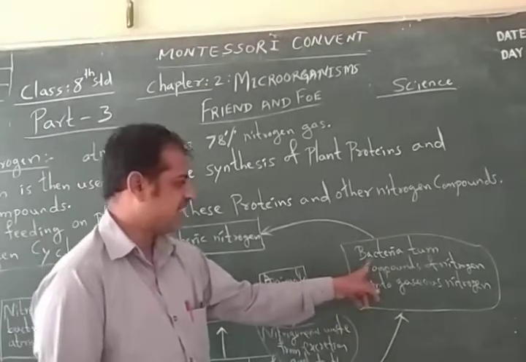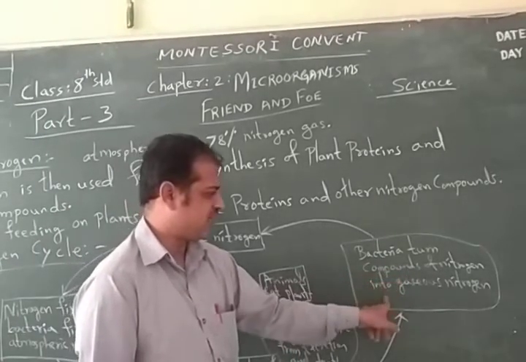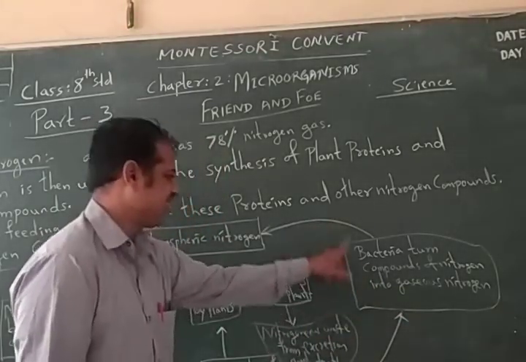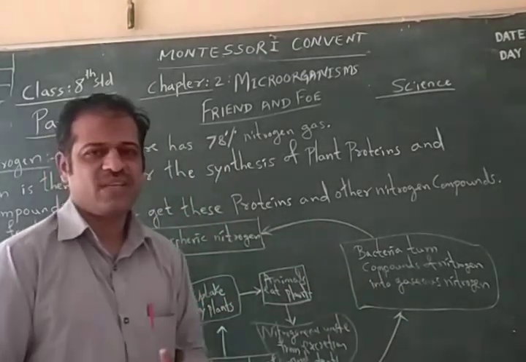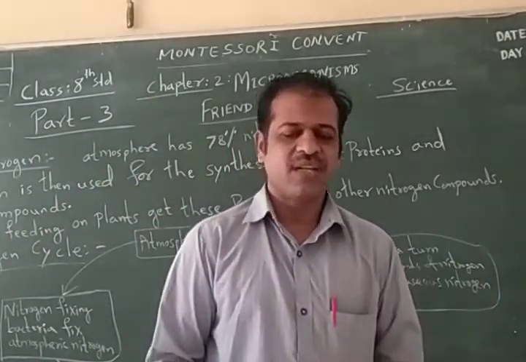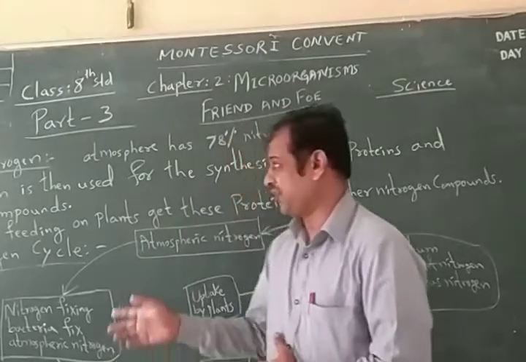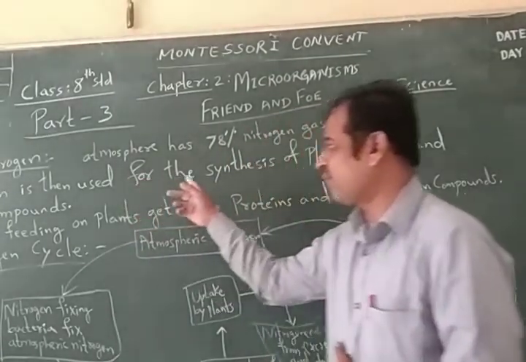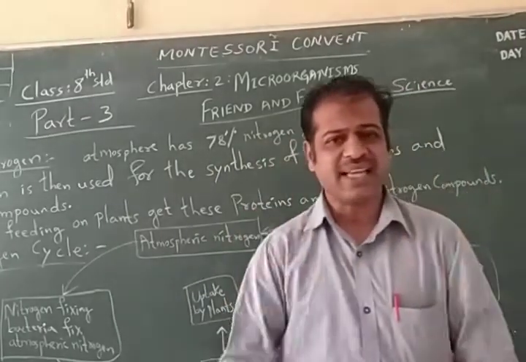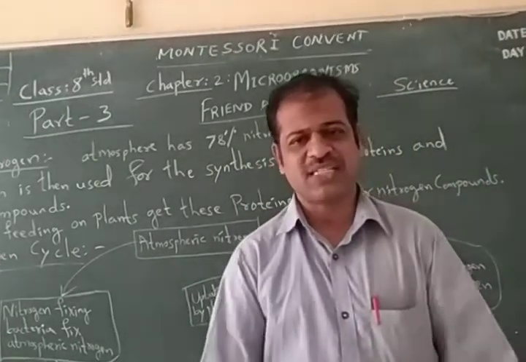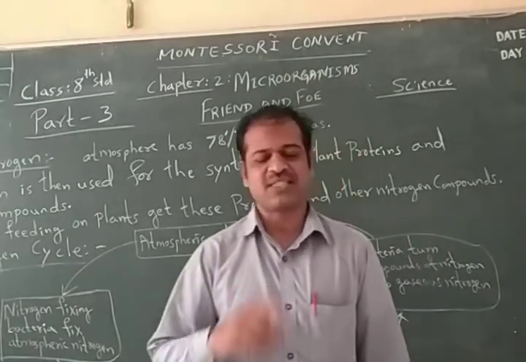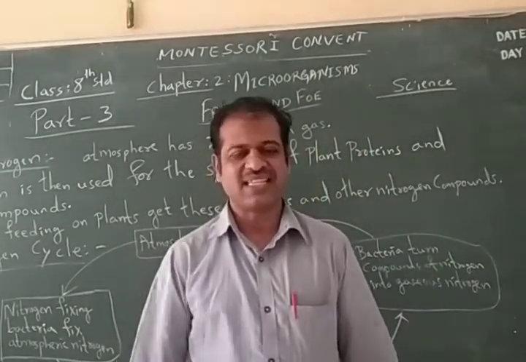After that, bacteria turn the compounds of nitrogen into gaseous nitrogen, and this gaseous nitrogen goes to the atmosphere. In the atmosphere, how much percentage of nitrogen gas is there? 78% nitrogen gas is there.